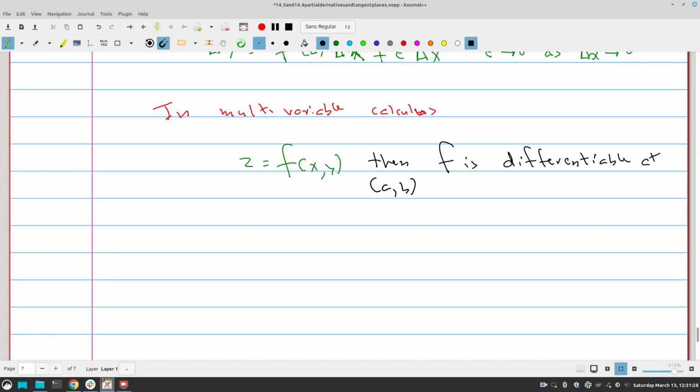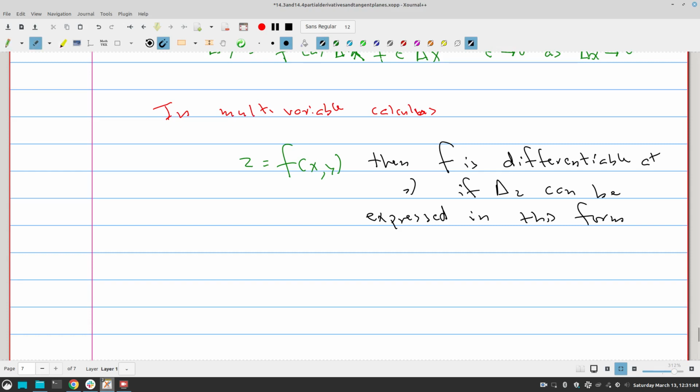if delta z can be expressed in this form. And since we've been using x naught, y naught, let's continue using x naught, y naught.